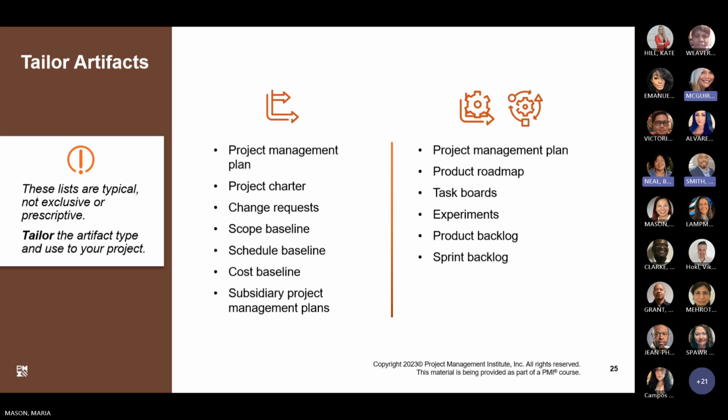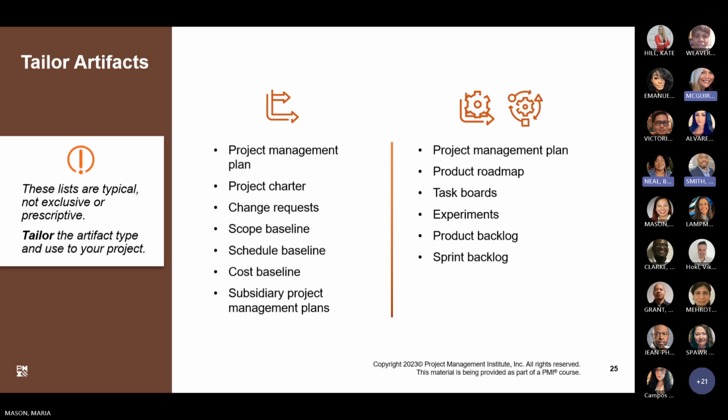So all these may not be used. And then you tailor them depending on the organization you're in, or what your organization's requirements are, to meet your unique or specific need. Not every process, input, tool, technique, or output is required on every project. Like I said, we have some small, quick, short-term projects, and then we have larger projects that last for several months or sometimes even years.